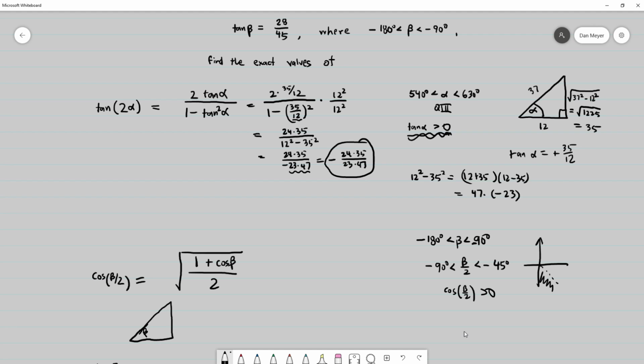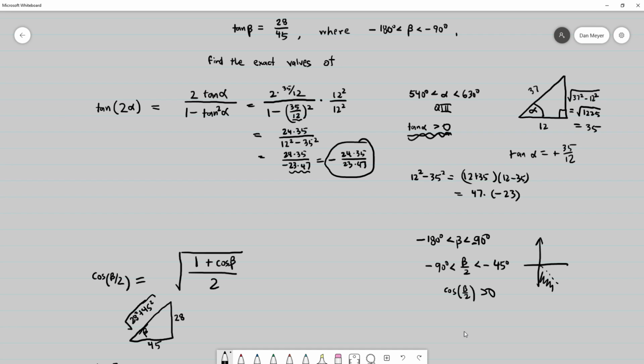So we got beta. Tangent is opposite over adjacent, 28 over 45. And then the hypotenuse will be the square root of 28 squared plus 45 squared. All right, let's do that real quick.